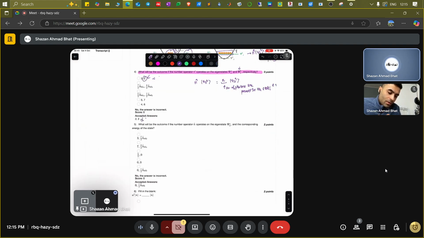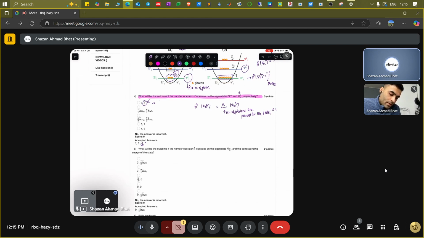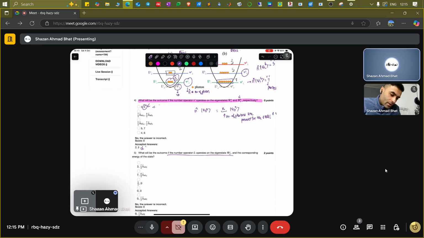Now, what will be the outcome if the operator operates on the eigenstate and corresponding energy? If the number operator again operates on psi 0, this is a vacuum state. A vacuum state, I told you, has 0 photons. So the number operator operating on the vacuum state is going to give you 0 photons.